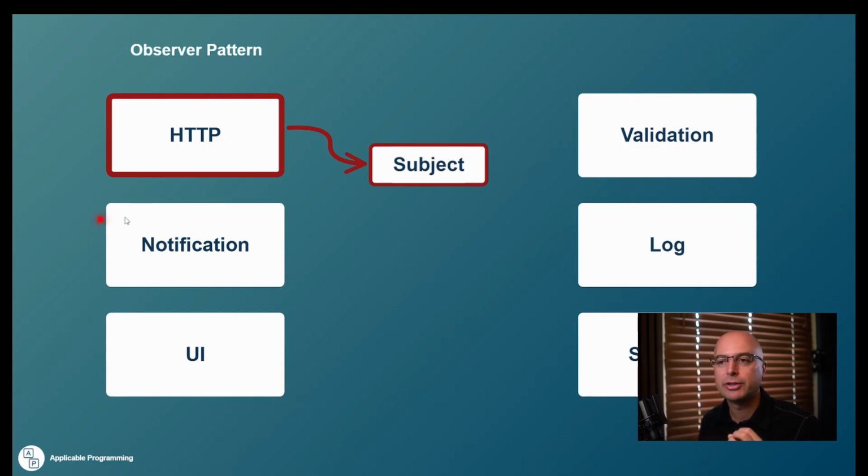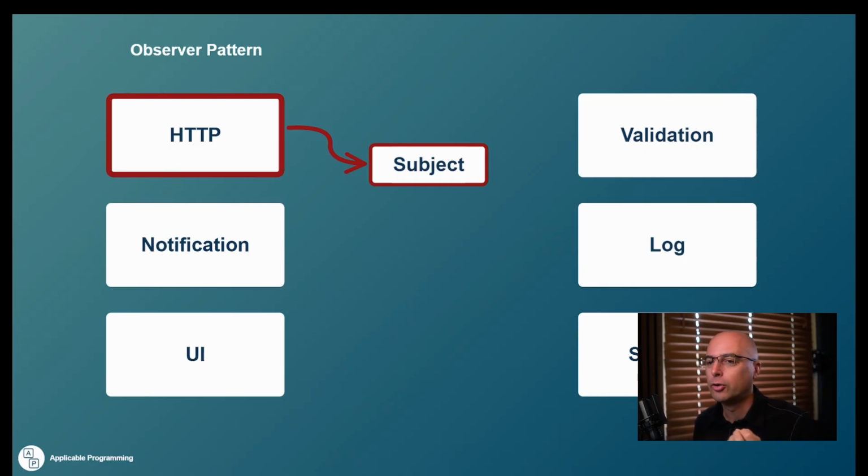And the name subject is something we use in the observer pattern to specify an object or a module that is emitting an event. And it's notifying all other observers. And it also means that it is as a subject being observed by other modules, right? Thus the observer pattern, observed by other modules.